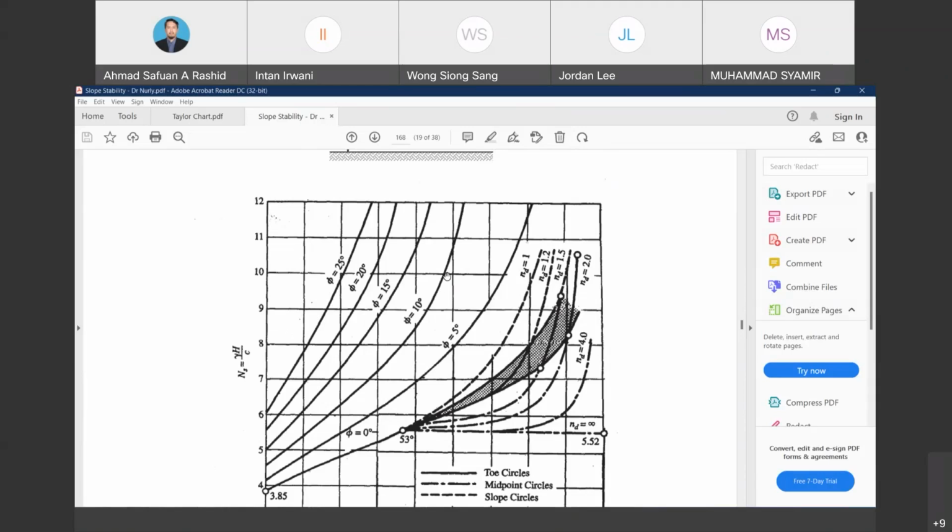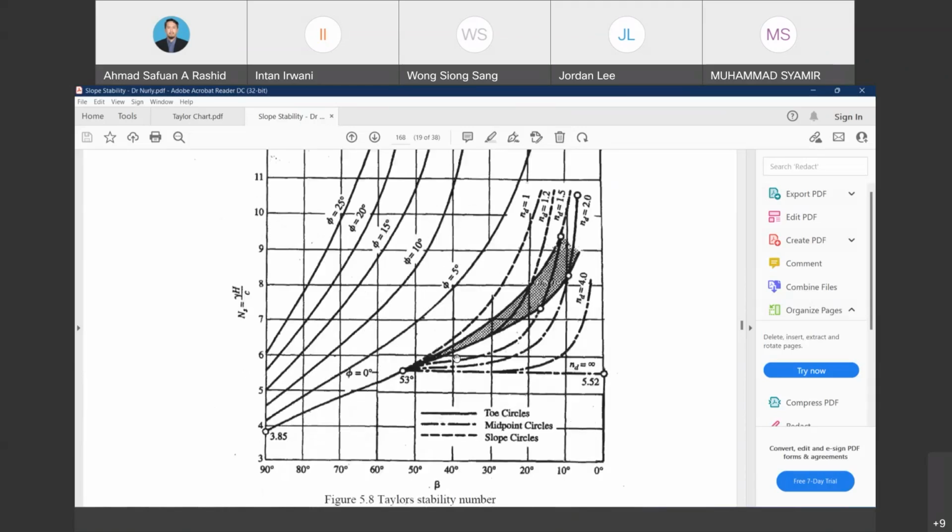But the best way is to use interpolation: get the values for phi equal to 5 and phi equal to 10, and from there we can estimate 5.6.